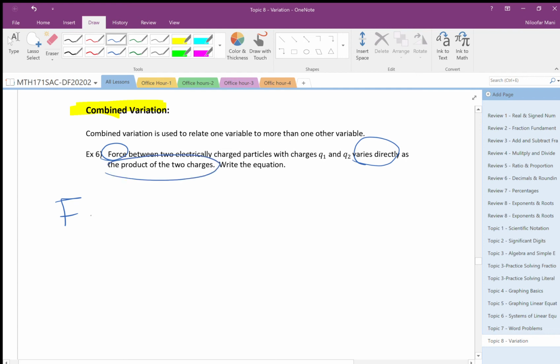So F alpha Q1 Q2. Write the equation. F is K Q1 Q2. I use the K, so that's it.